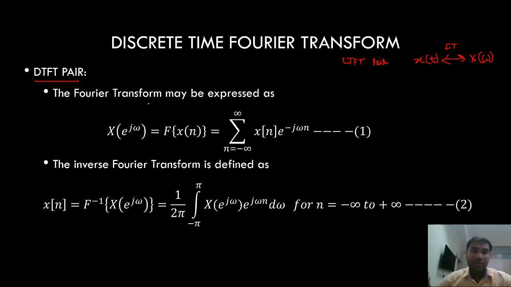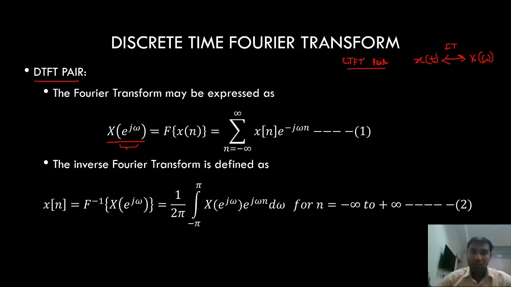The discrete time Fourier transform is expressed as X of e power j omega. This is also a function of omega, but I'm representing it in a different form, e power j omega, just to differentiate it from the continuous time Fourier transform.